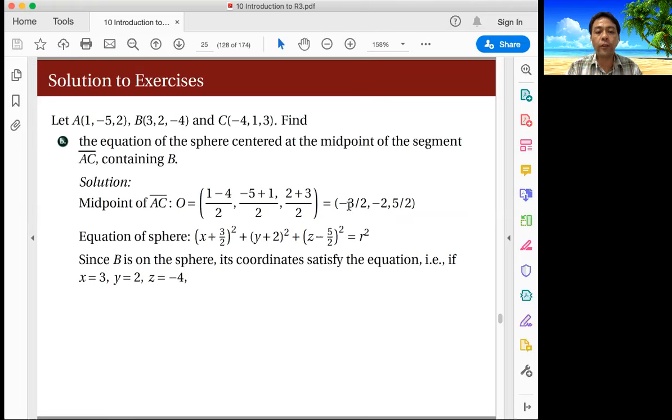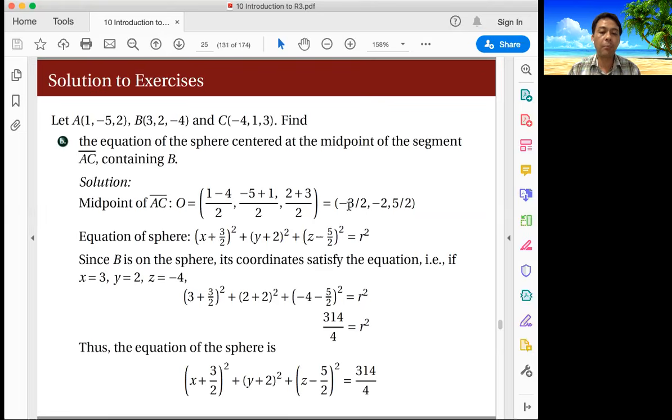Now, since B is on the sphere, then its coordinates must satisfy the equation, meaning if we substitute the values x equals 3, y equals 2, and z equals -4 into the equation of the sphere, then the equation must be satisfied because the point B is on the sphere. Solving the left side, we get the value of r squared, and that is 314 over 4. Hence, the equation of the sphere is given by this.